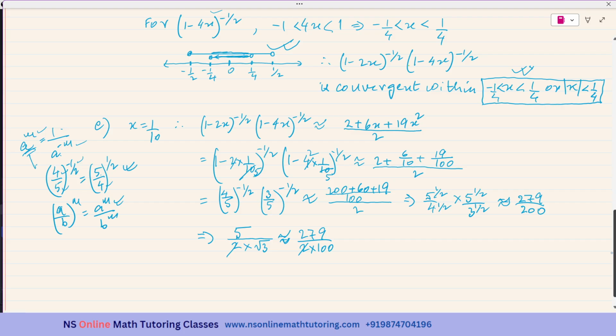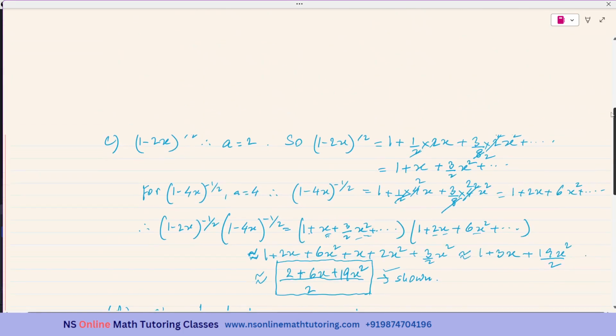Okay, and then I can just cross multiply. It is root 3 equal to 5 times 100 over 279. So root 3 is approximately equal to 500 over 279.